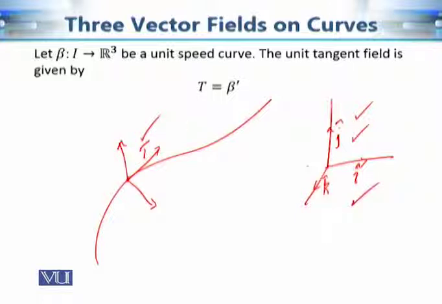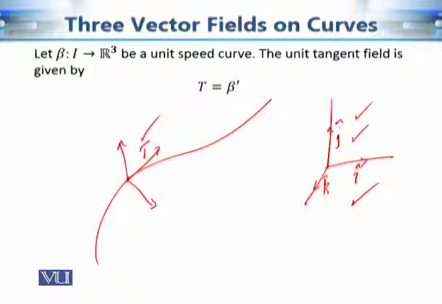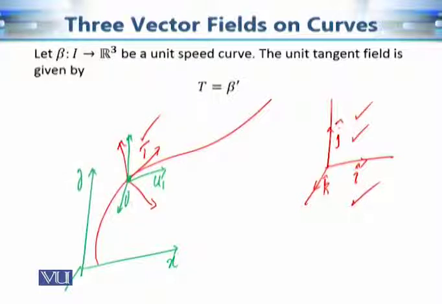Whenever I say i, j, k in this case, it means u1, u2 and u3. Since it is a curve in R3, at each point I can calculate, for example, u1 a vector parallel to the x-axis, u2 a vector parallel to the y-axis, and u3 a vector parallel to the z-axis. But the new set of vector fields that we are going to calculate contains much more geometric information about any given curve.